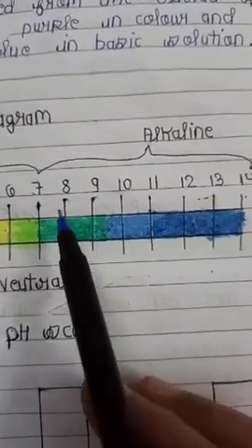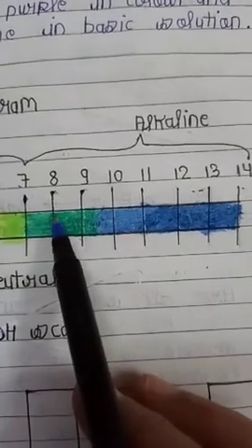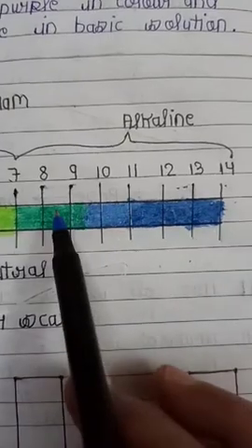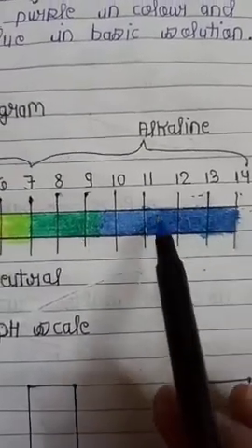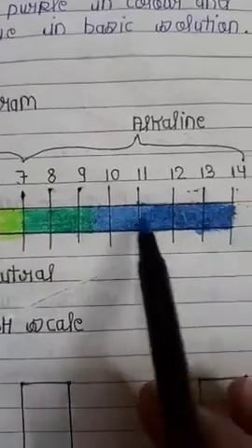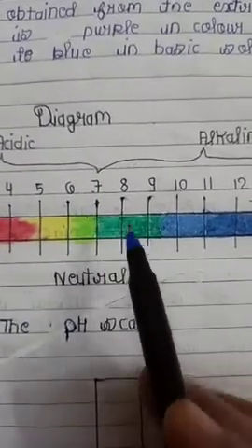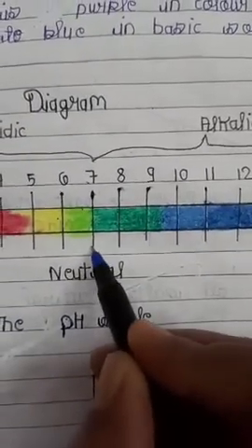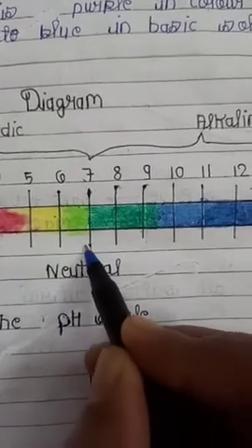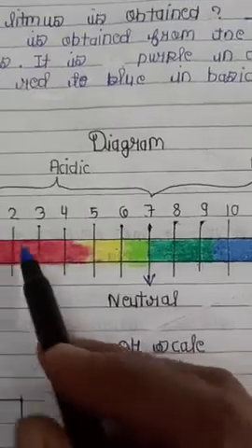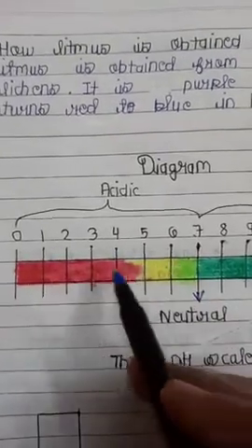If any base falls in this category, from 7 to 14, then we can say these are bases. At the center, number 7, neutral substances always come, and below 7 on this scale are always acids.